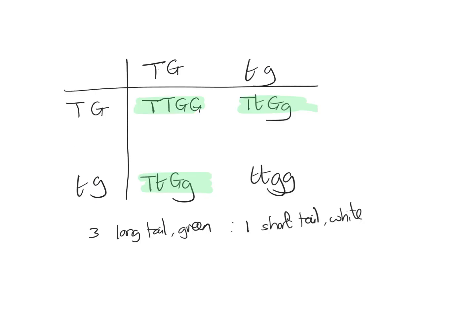As you can see, the ratio of phenotypes here is completely different to if it had been a normal dihybrid cross. You have 3 long-tailed green lizards to 1 short-tailed white one. If this had been a normal dihybrid cross between 2 parents who are heterozygous for both characteristics, the ratio would have been 9 to 3 to 3 to 1 again.